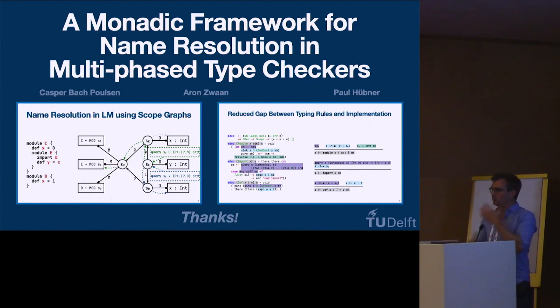If we are to construct this full graph first, you are basically implementing a completely phased approach, where this graph, I don't know how that would correspond to your typing rules. You are probably going to have typing rules that talk about the graph being fully constructed, and you would have phases in your typing rules. And I would argue that that's actually an anti-pattern, and that phasing is an operational concern that we should be abstracting from in typing rules. So I don't know if that answers your question.